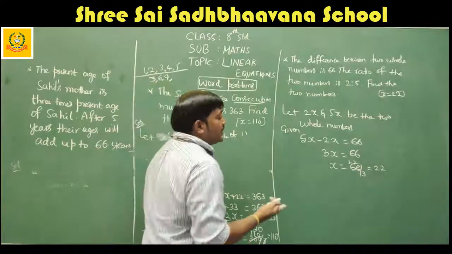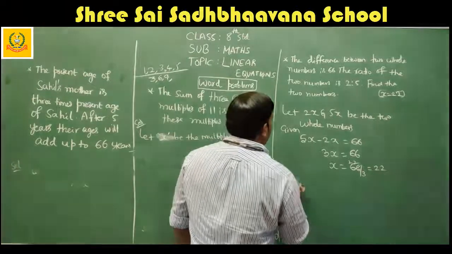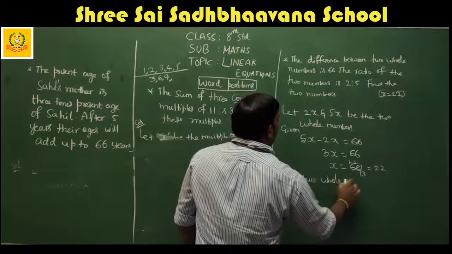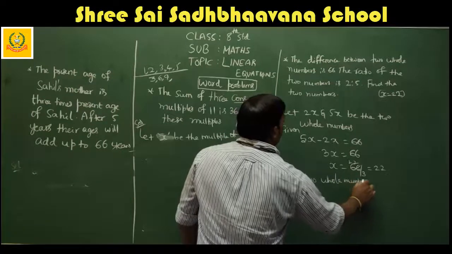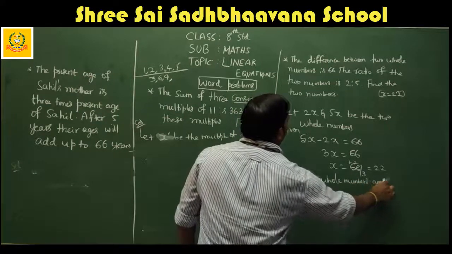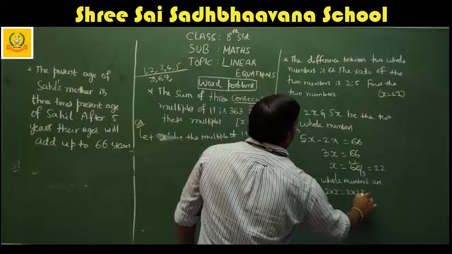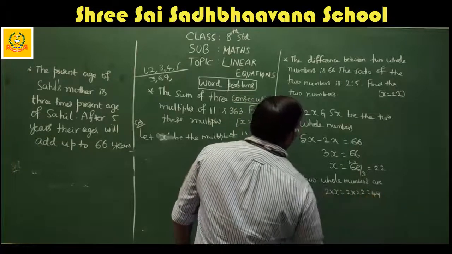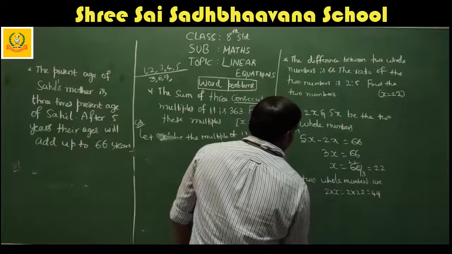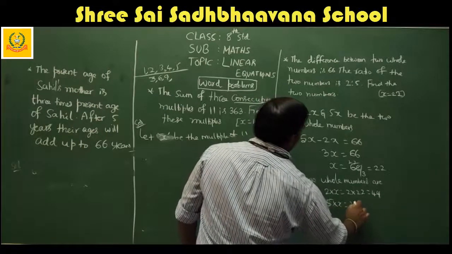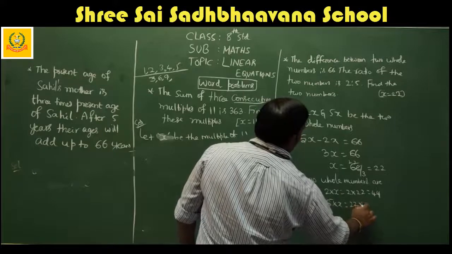So we got the x value. What will be the numbers? The two whole numbers are 2x, which is 2 into 22, 44, and the other one is 5 times x, which is 22 into 5.